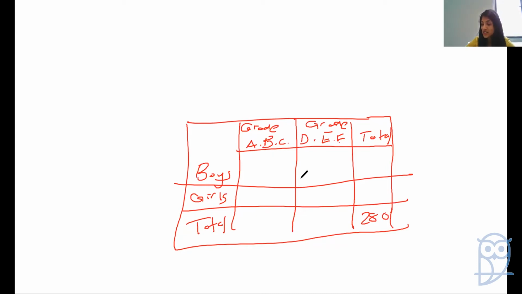Firstly, we know that they say half of the students are boys, and then they say 155 of the students get a grade of A, B, or C in their mathematics test.